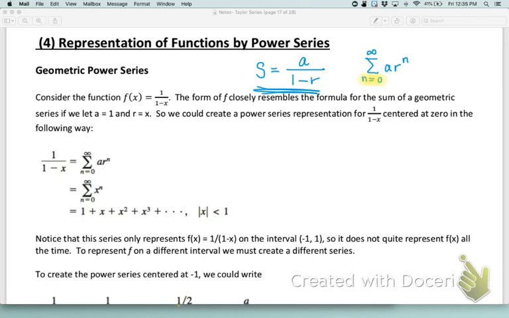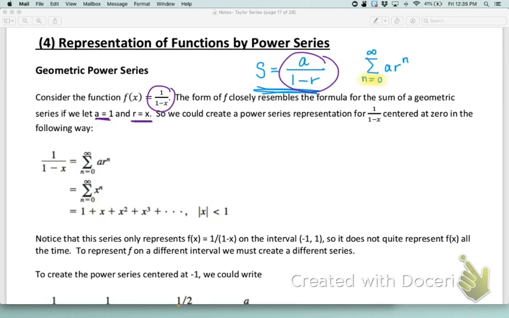Okay, so for a first example here, let's look at this function f of x equals 1 over 1 minus x. This looks pretty close to following that pattern of a over 1 minus r. In fact, this one pretty much follows that pattern exactly. So we can notice that if we match these two things together, a over 1 minus r, we can see that in this case, 1 is in the position where a was, and x is in the position where r was.